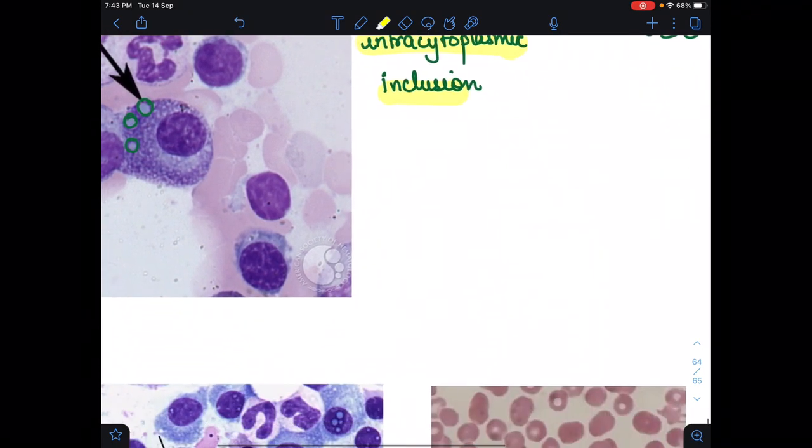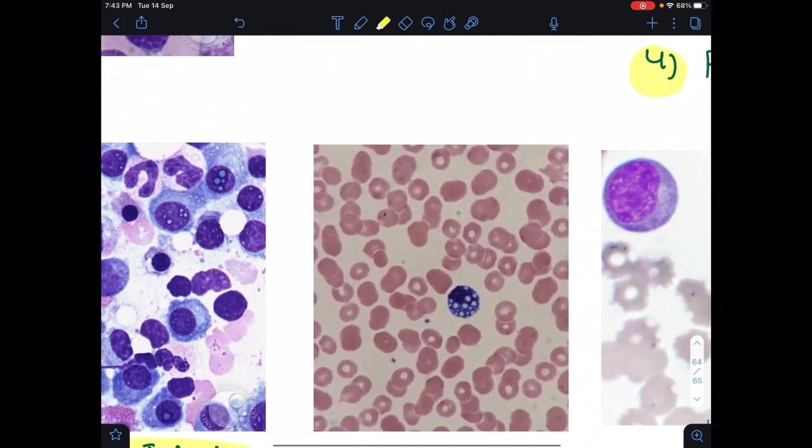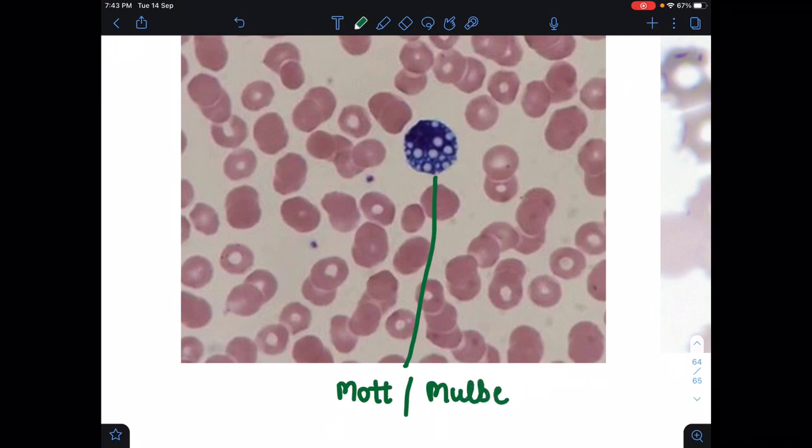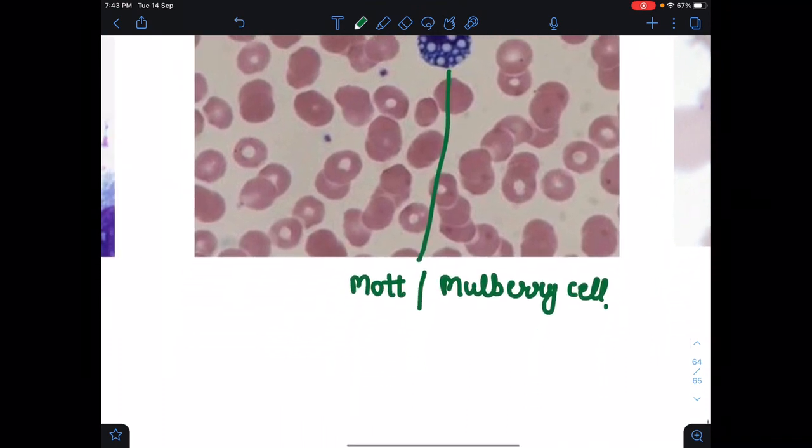While in the Mott or Mulberry cells, as we see in this image, this is a Mott cell or Mulberry cell. In this, what do we find?